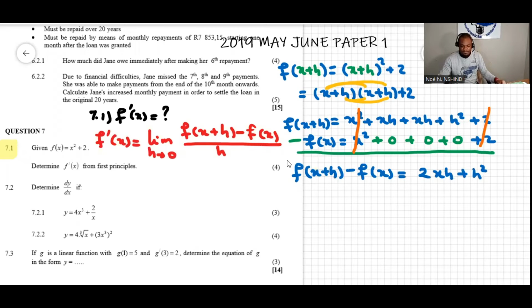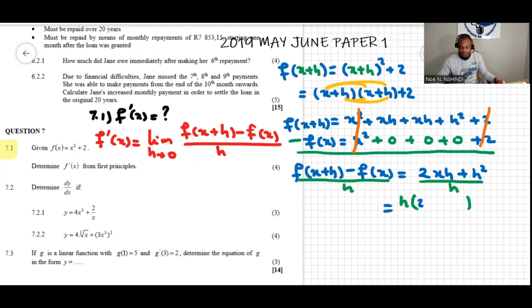Now we can work out the fraction, meaning we divide by h. So I'm going to divide by h. I'm going to take h as a common factor.